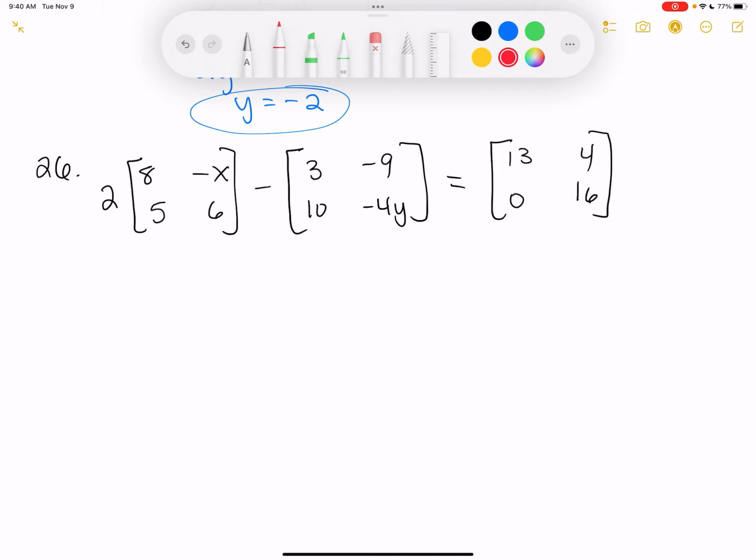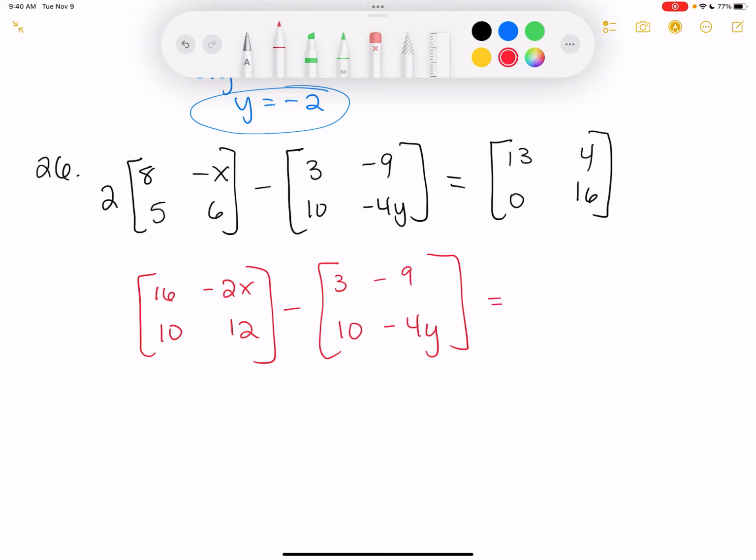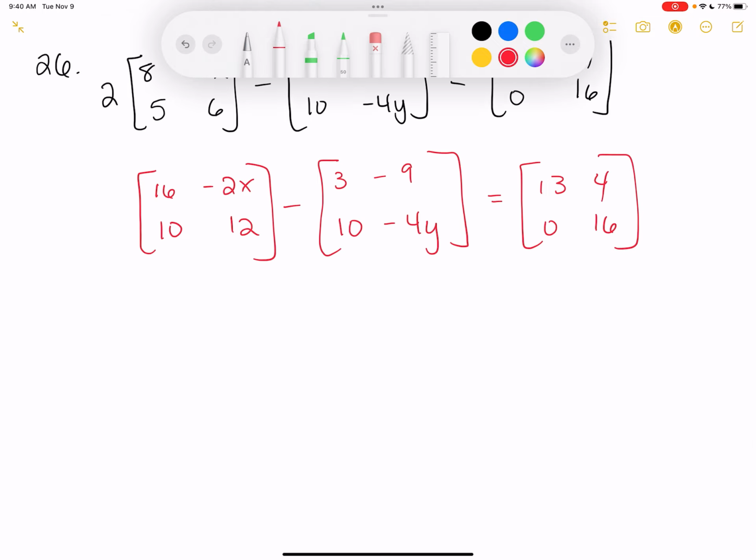All right, so what I'm gonna do is multiply this 2 by this one, and then just copy everything over. That gives me 16, negative 2x, 10, 12, and then minus, and then copy this all down. Now I need to subtract this side so I can get one matrix on the left and one on the right so that I can set the things equal to each other.